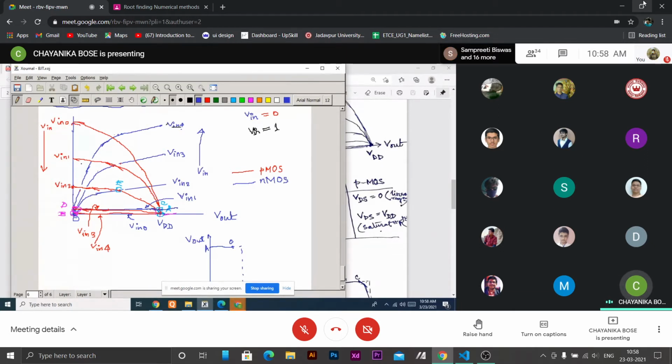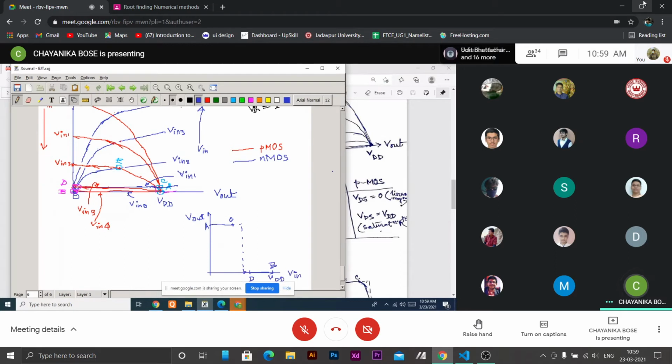If they are perfectly complementary to each other, exactly equal, identical characteristics but of opposite polarity and direction, then it will be VDD by 2. So at this input voltage, V input 2, which lies in between V input 0 and VDD, the middle of that is VDD by 2, then output will also be VDD by 2.